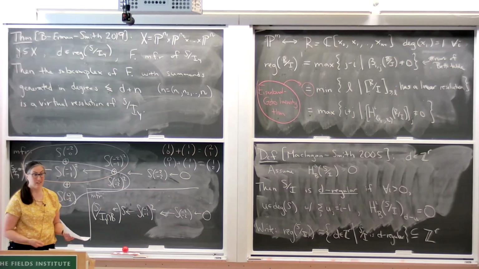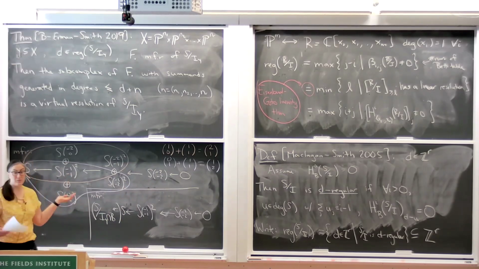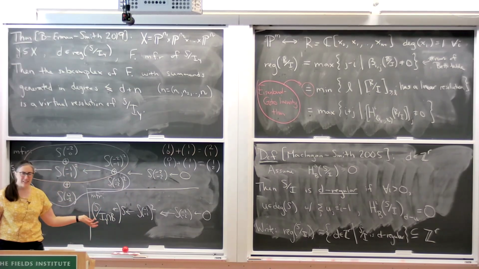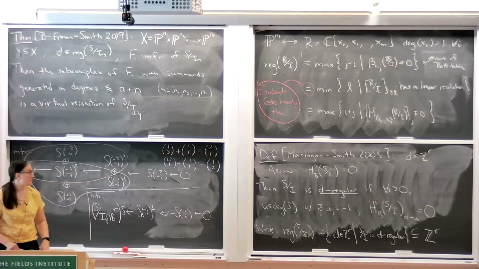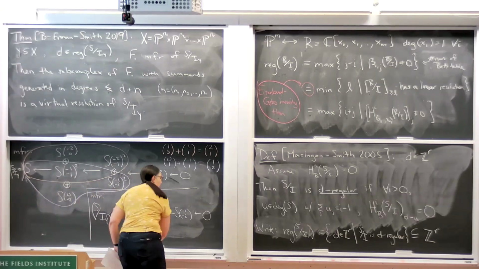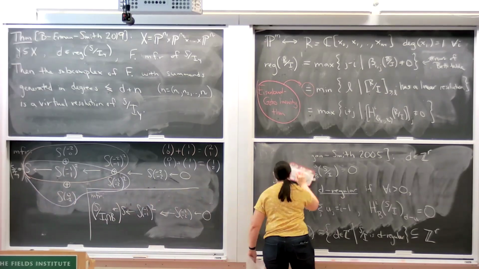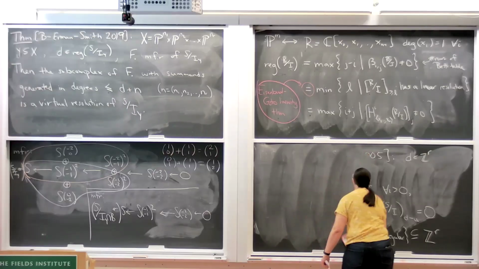Great. So you could hope that in this multigraded world, we could use the Koszul complex on the variables again. But that kind of corresponds to the maximal ideal. That's not what we want. We want the irrelevant ideal. Okay, so I'm going to draw a picture.